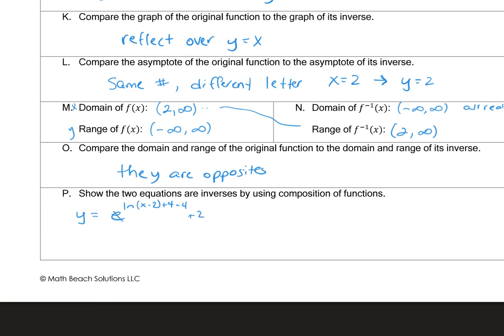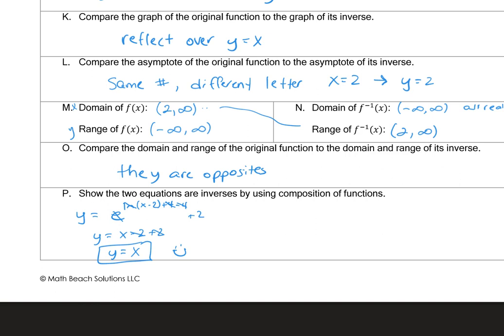And my e and my natural logs cancel. My plus 4 and my minus 4 cancel. And then when I bring down my x minus 2 plus 2, my minus 2 and plus 2 cancel. So I'm left with y equals x.